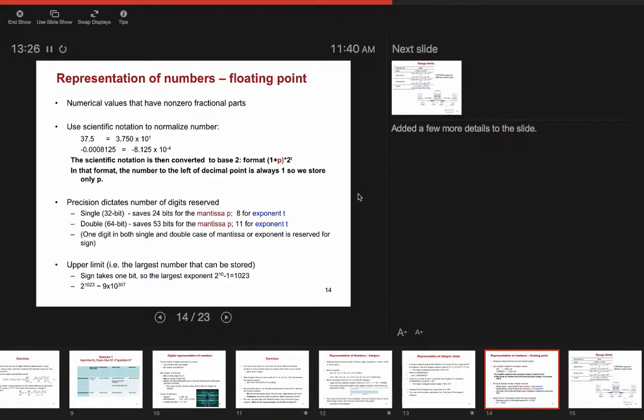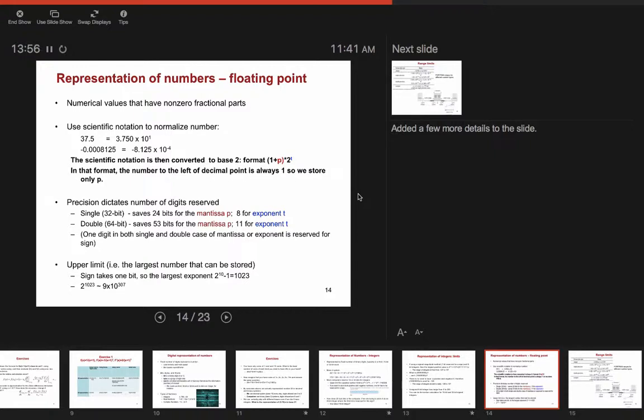However, I will work with the number converted to base 2. So I can convert that number to base 2, and I hinted how you actually convert 0.75 into base 2. Right? So you can convert any real number into base 2. And then in that base 2, I will convert it to a format that is 1 plus some number that is less than 1, times 2 to the t.